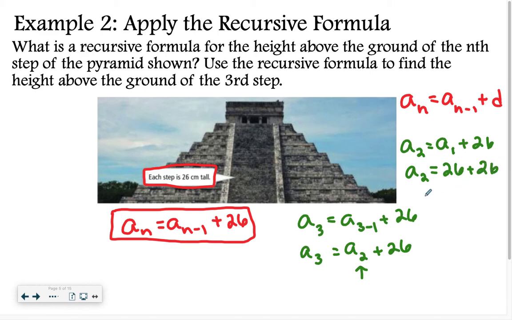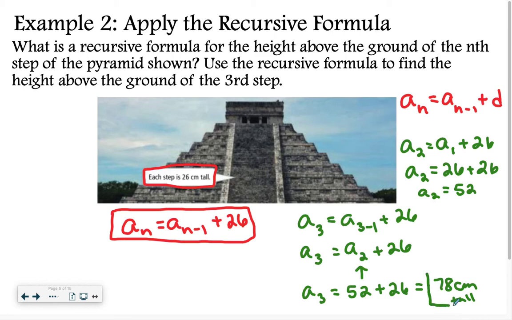So I'd say 26 plus 26. So my second term is 52. So now I can go back to my third step and say 52 plus 26. And so I know the third step is in fact 78 centimeters tall.